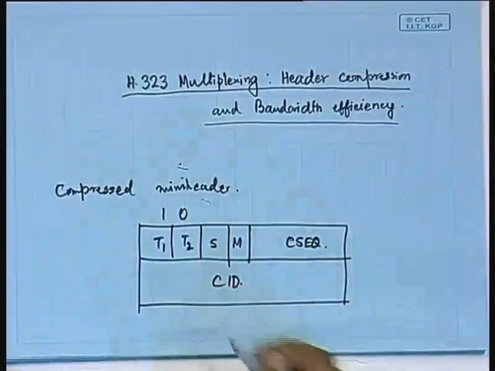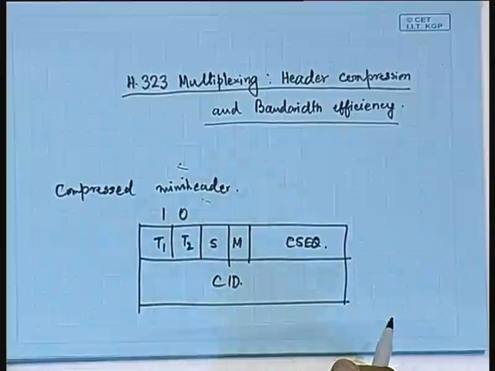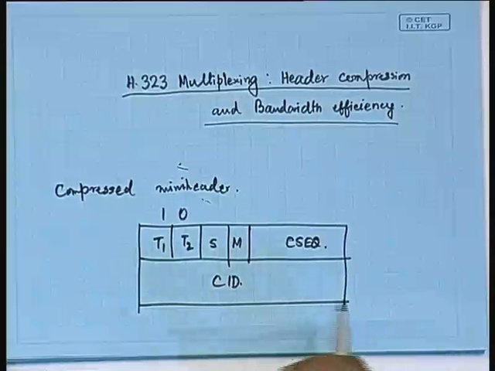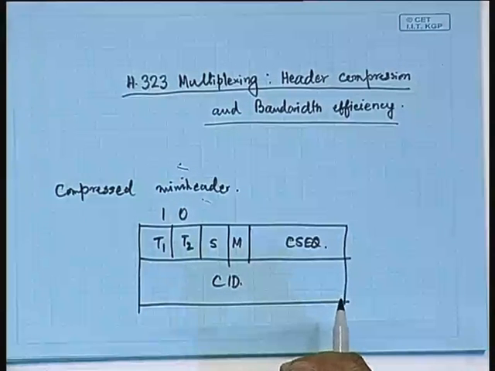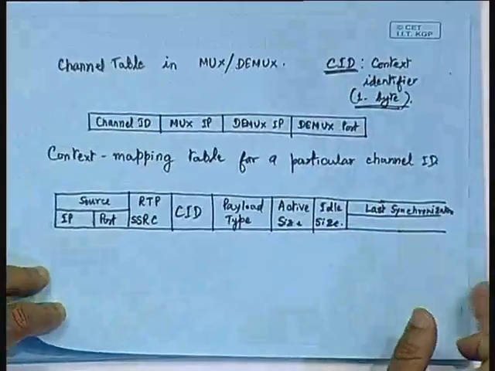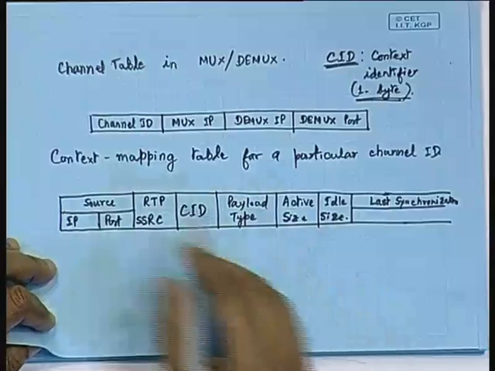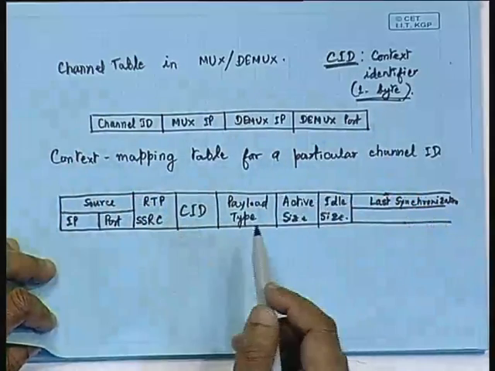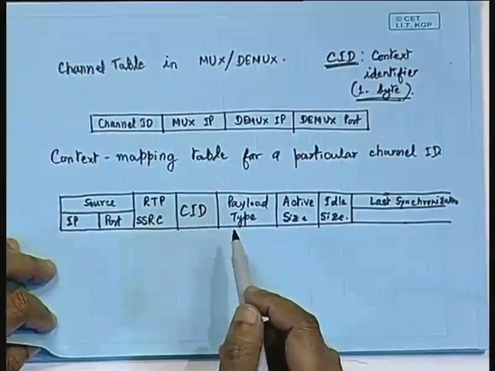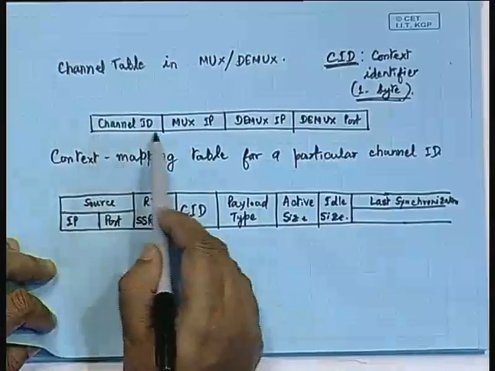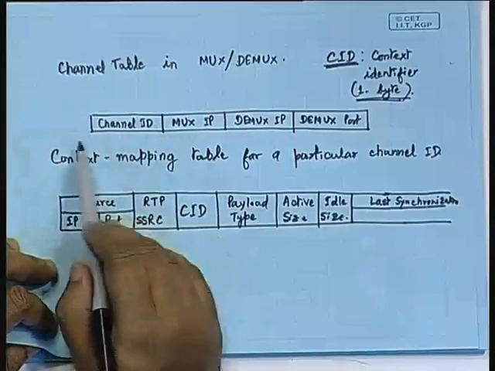And I was telling you how with the help of this C sequence and CID we can identify the channel. It's like this: the multiplexer demultiplexer system maintains one channel table, and the channel table is identified by this channel ID.